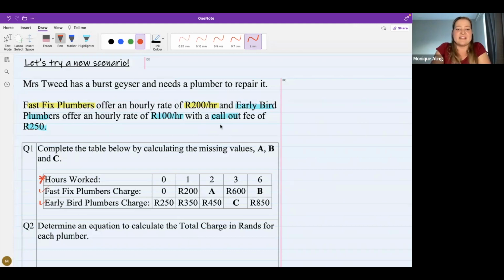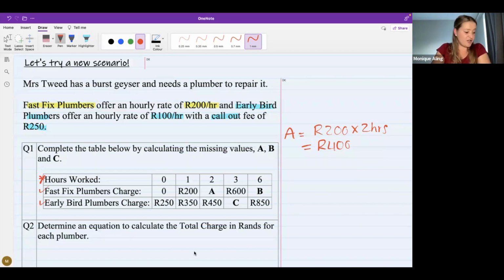Oh, okay. So I see that you guys are giving me how you did it, which is exactly right. Okay, so for A, you took the 200 Rand and you times by 2 because it was for 2 hours and you got 400.